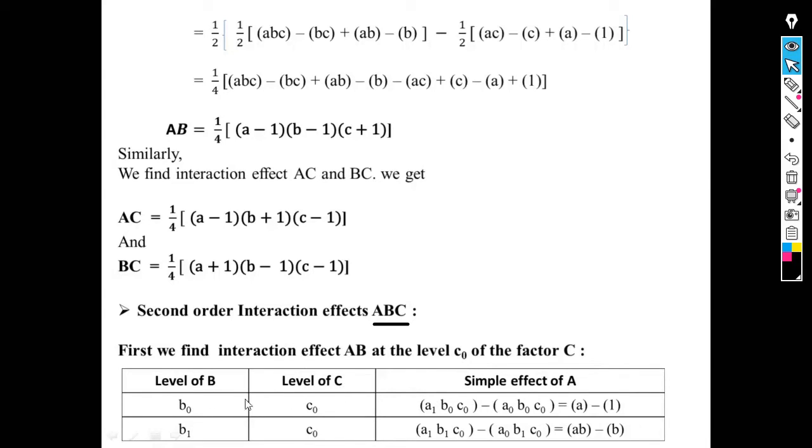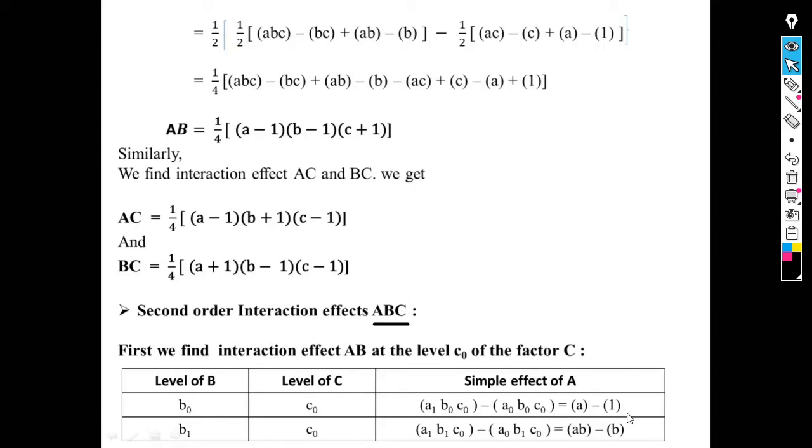Here we get one table, that is the level of B. We consider two levels, B0 and B1, and we fix the level of C, so here we have C0 and C0. The first combination is B0 and C0. We get the simple effect of A as A1 B0 C0 minus A0 B0 C0.